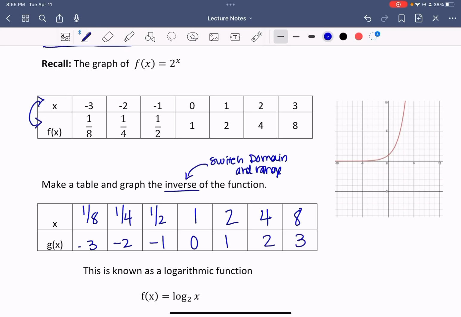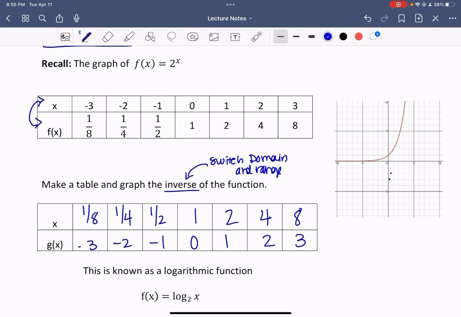And so when I switch those and I graph that, let's just graph these values. At x equal to 1/8, I have a negative 3. At x equal to 1/4, I have a negative 2.